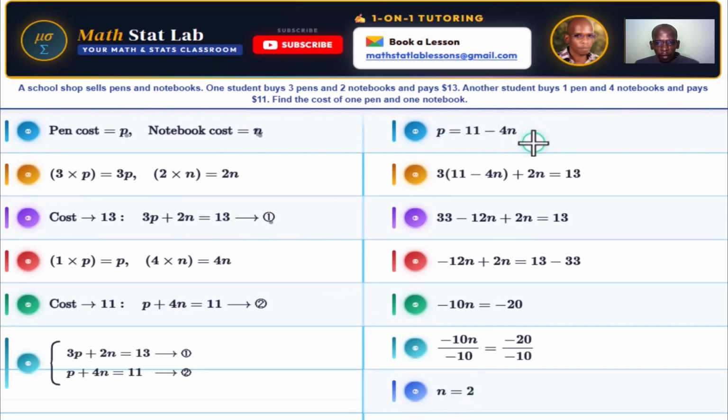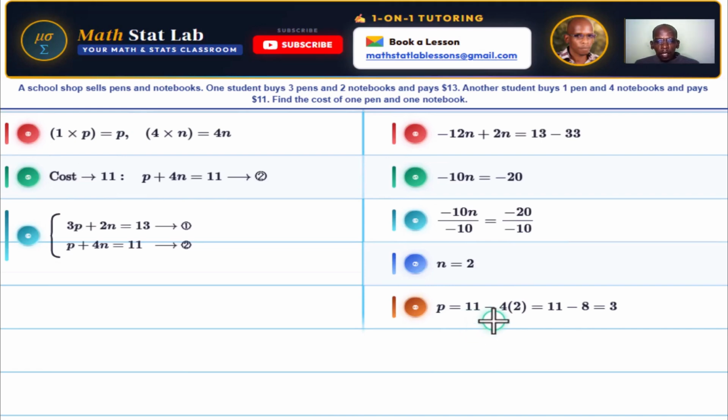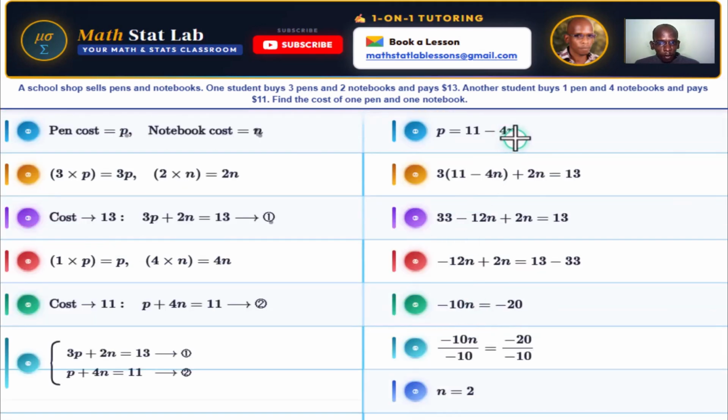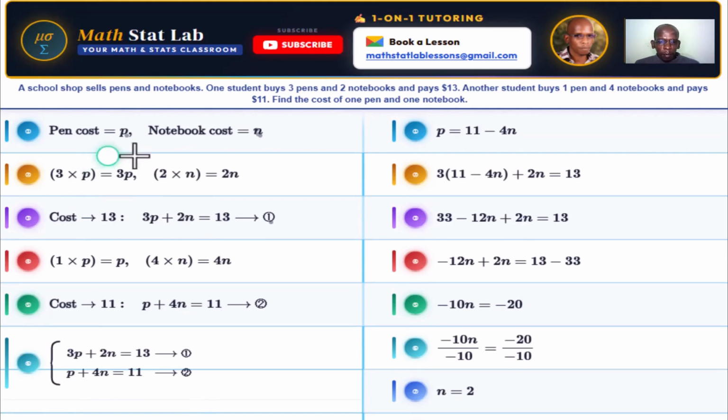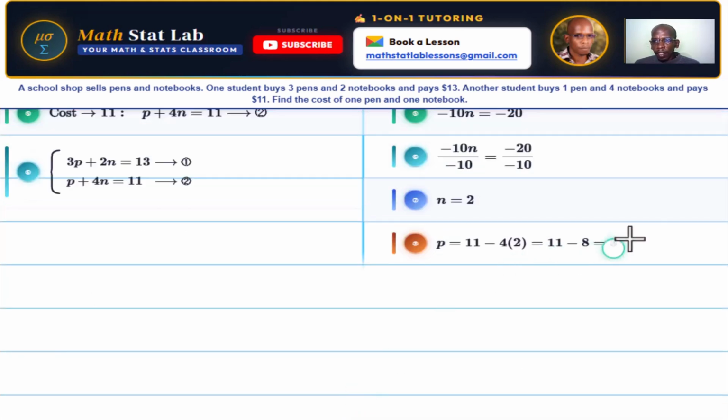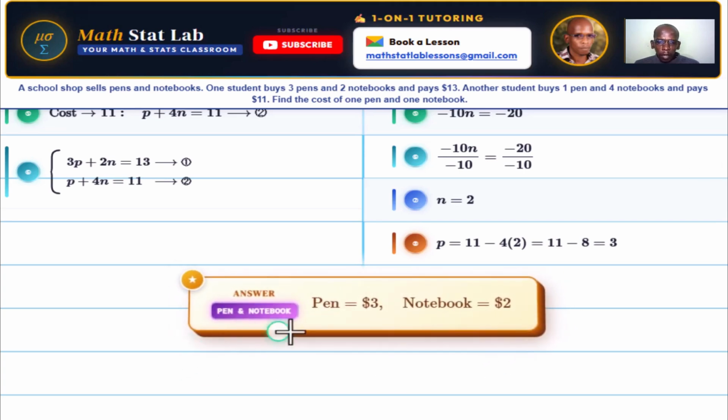So P is equal to 11 minus 4 into 2, which is 11 minus 8, which is 3. And that is the cost of one pen. So finally, our answers are: the cost of one pen is $3, and the cost of one notebook is $2.